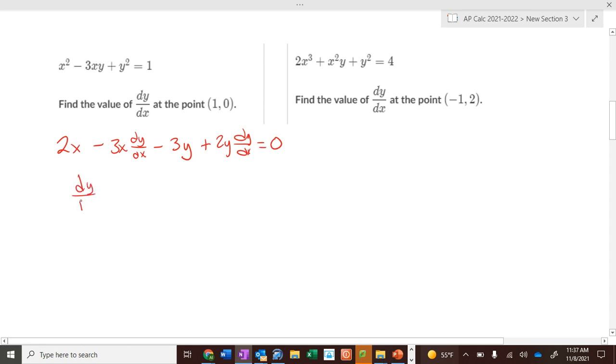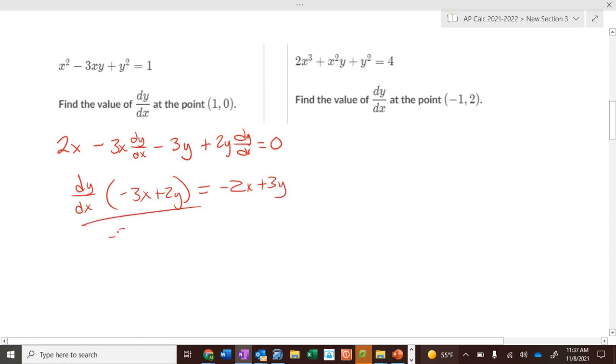Okay, so dy/dx on the left side, and then we go negative 3x plus 2y equals, and the things without the dy/dx move to the other side, negative 2x plus 3y.